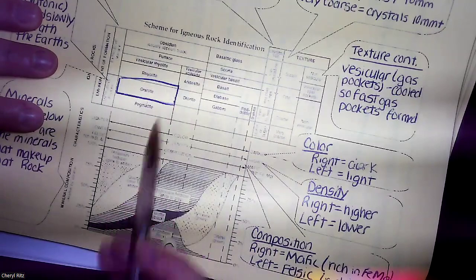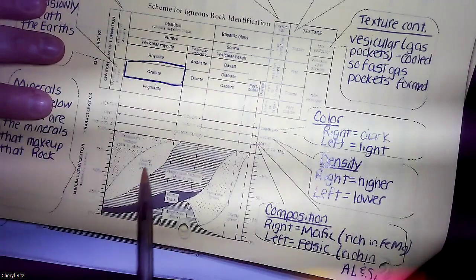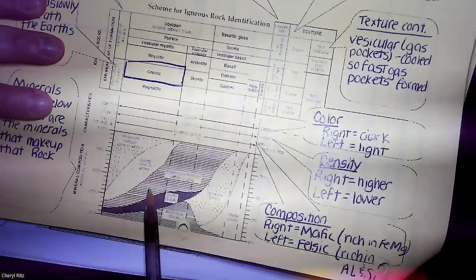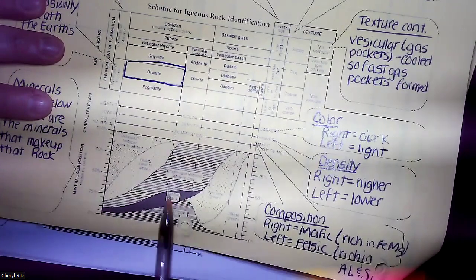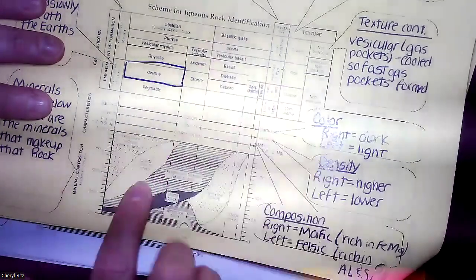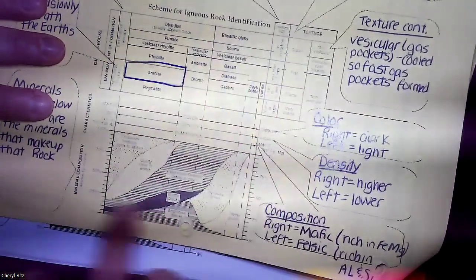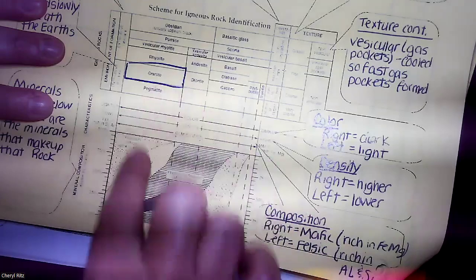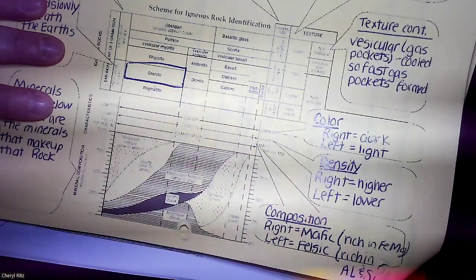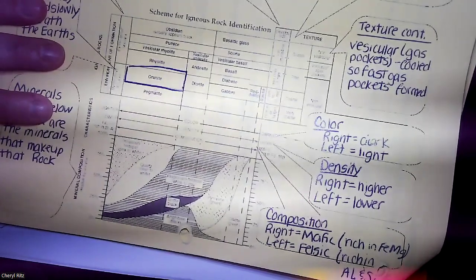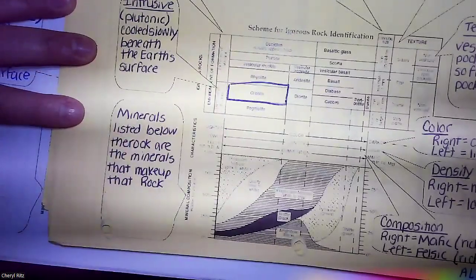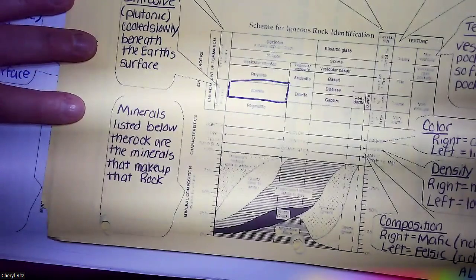If you see one of the symbols underneath any part of that box, like the polka dots, the other polka dots, the stripes, the black, or the other lines, even if the words, like right here, biotite is not underneath the word granite, but because that black splotch is there, if any of those symbols show up underneath the rock, it is going to be the minerals that are inside that rock. So for that set of notes, minerals listed below the rocks are the minerals that make up that rock.